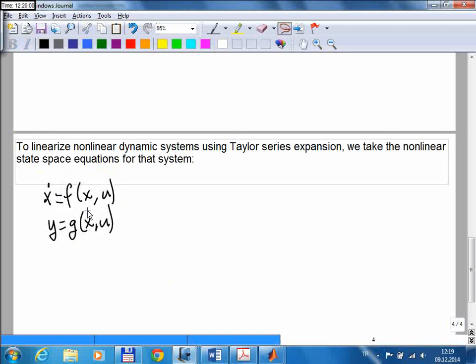Well, different from what I wrote before, these functions are functions of two arguments, right? Instead of just a function of x, it's a function of both x and u.